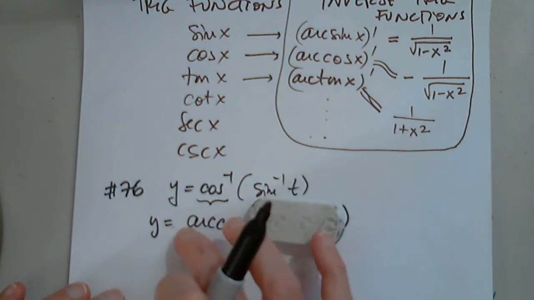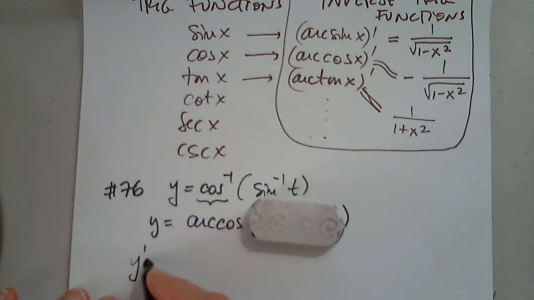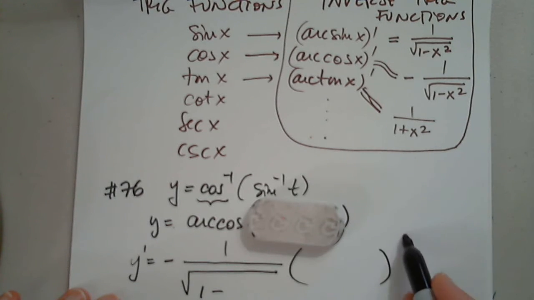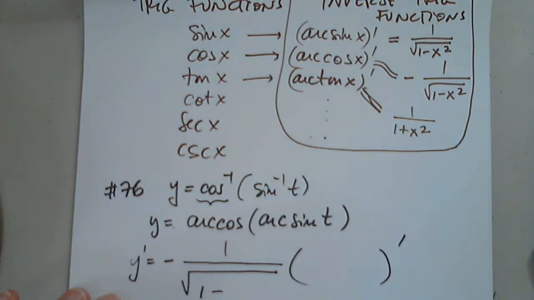Okay, so arc cosine prime. So y prime equals -1 over the square root of 1 minus whatever squared, times that whatever prime. And now I'm ready to look in.